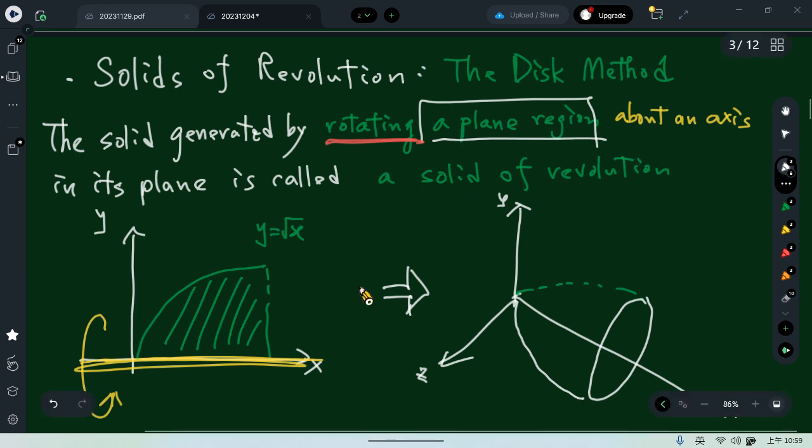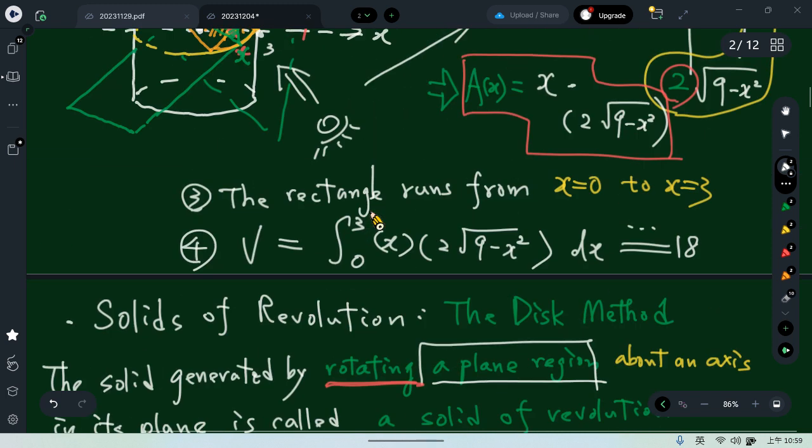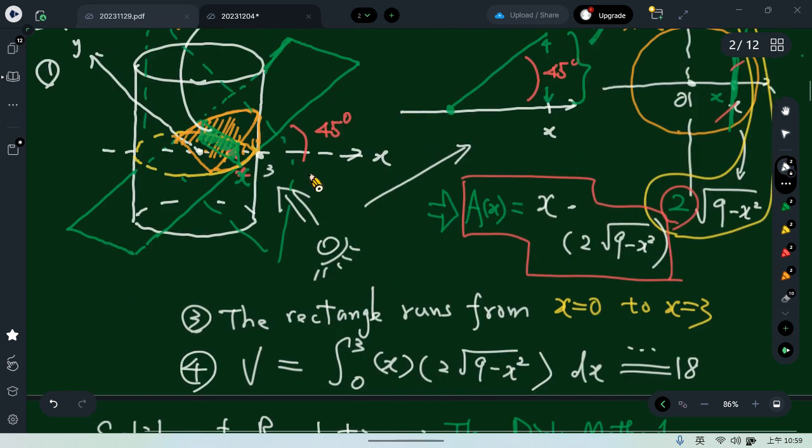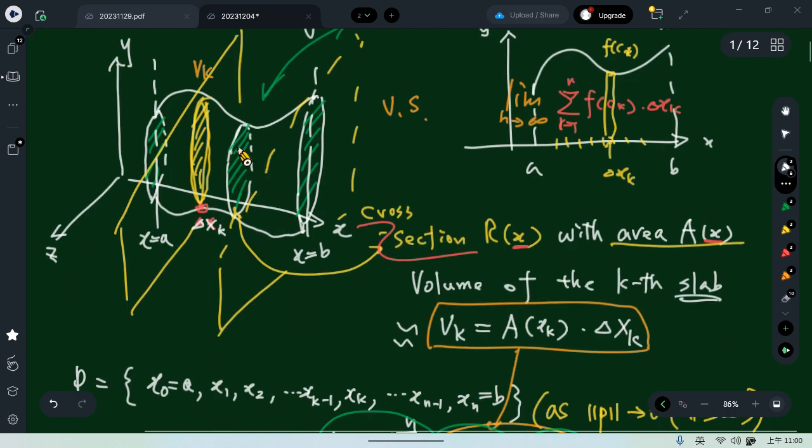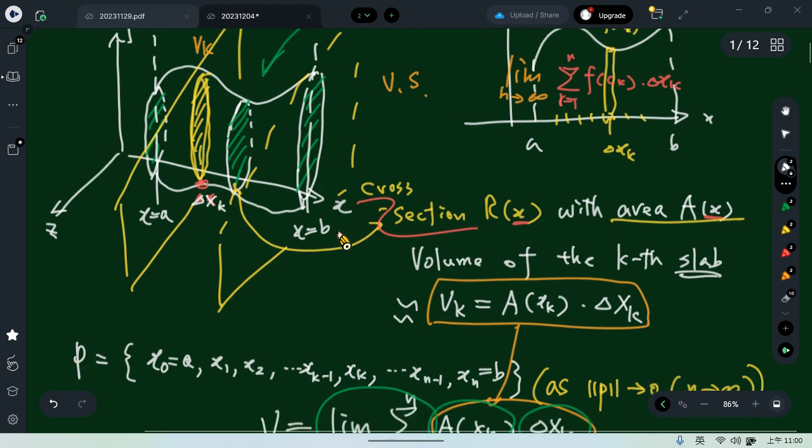Okay, so you already know the concept that we try to use the cross-section idea to get the value, right? We can still follow this idea. For each cross-section, can we just know the area and then sum them together? We can get the whole value, right?